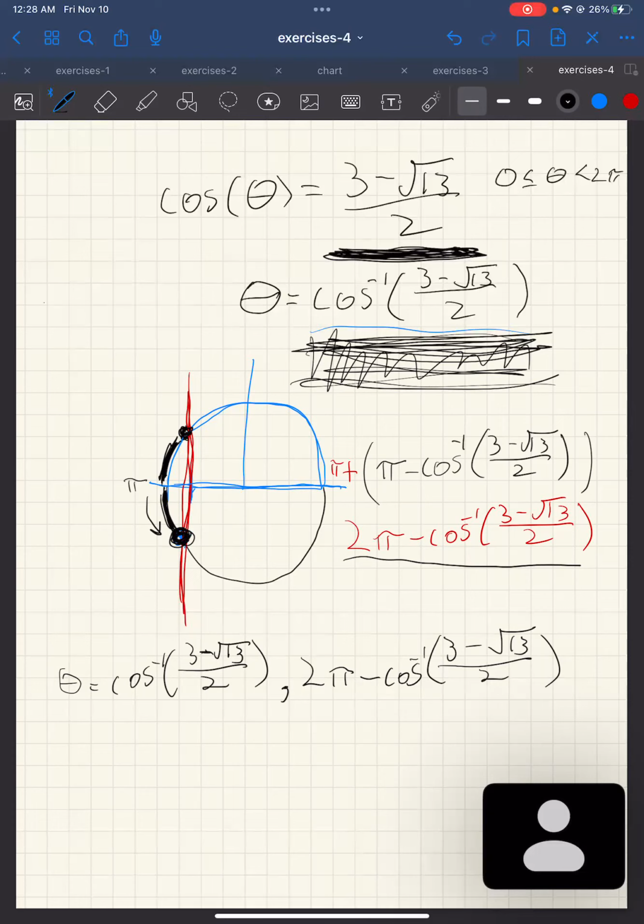And again, this was pretty specific to the fact that we were talking about cosine and cosine inverse. Because what if the question had been sine of theta equals 3 minus root 13 over 2? Now we're talking about sine inverse, but its restricted domain wasn't the top part of the unit circle from 0 to pi. Its restricted domain was from negative pi over 2 to positive pi over 2.